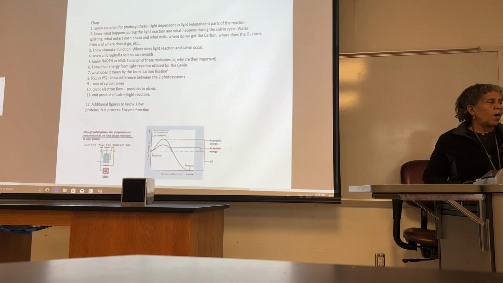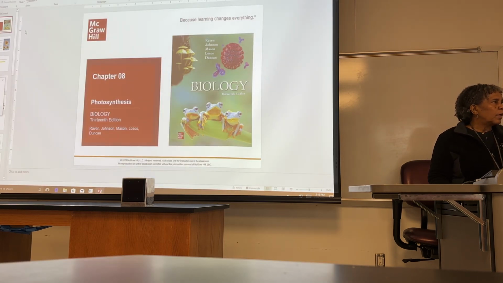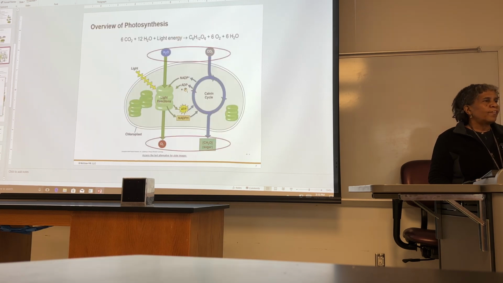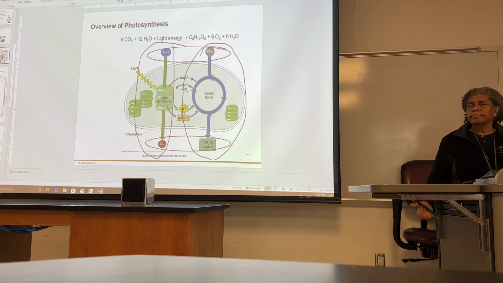Okay? And all it's doing is talking about one phase, one type compared to the other type. It's just talking about this part, which is the light phase, and this part, which is the light independent part.